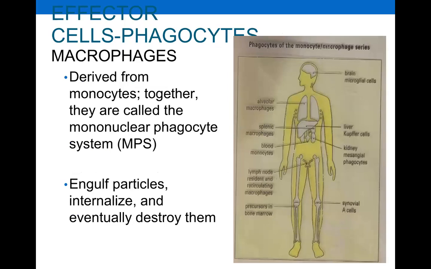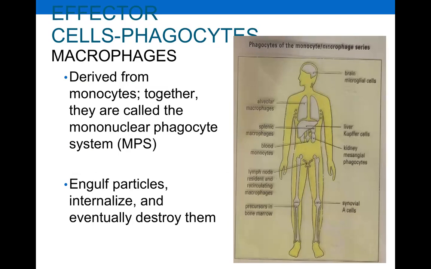All right, so after the granulocytes, after the lymphocytes, let's go on to your phagocytes. The macrophages are derived from monocytes, and together they are called the mononuclear phagocyte system. Basically, their function is to engulf particles, internalize them, and eventually destroy them.